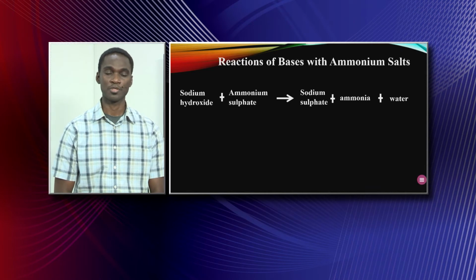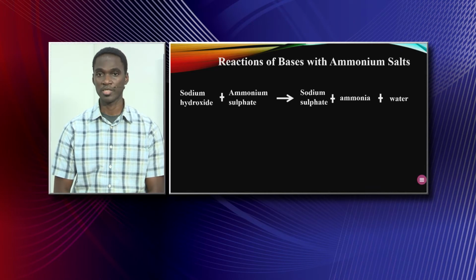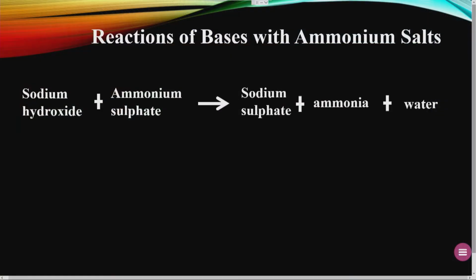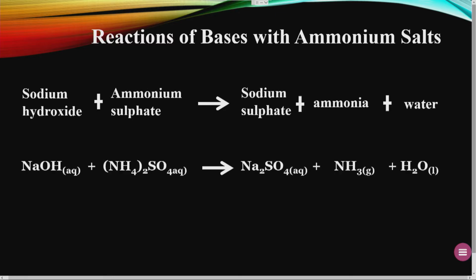Continuing, we have sodium hydroxide again plus ammonium sulfate to give us sodium sulfate plus ammonia and water. For our equation, we will have NaOH plus (NH4)2SO4 to give us sodium sulfate, Na2SO4, plus NH3 ammonia and water.